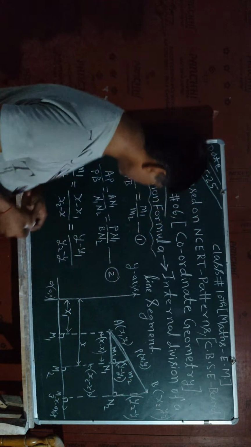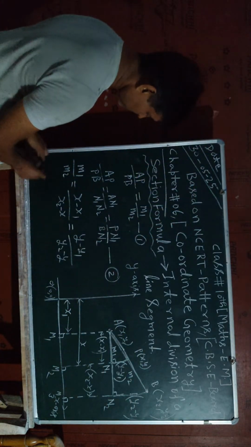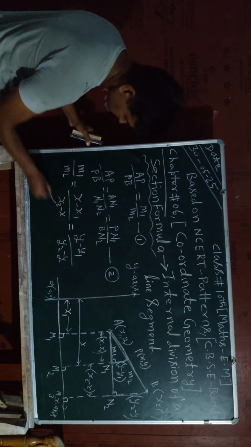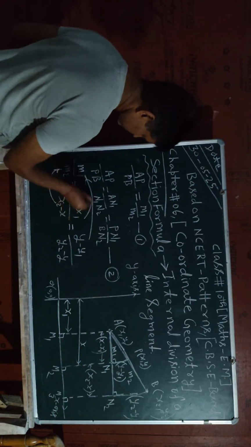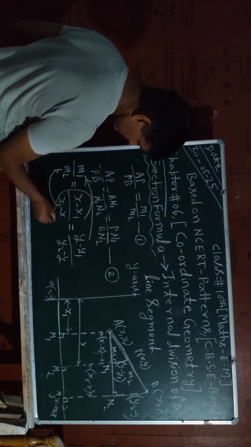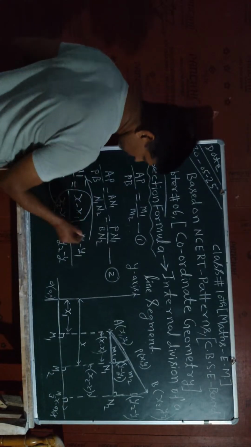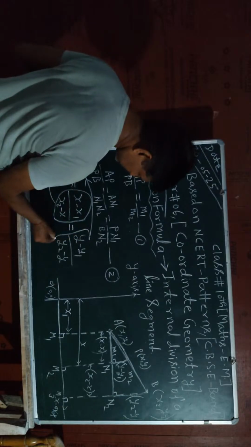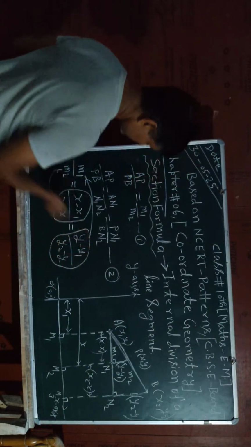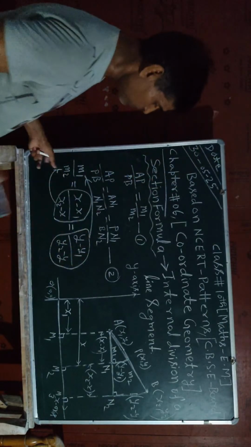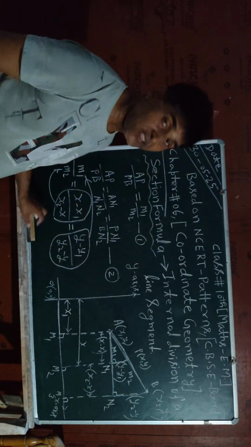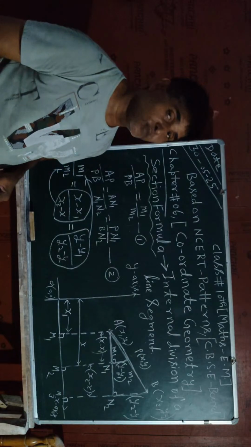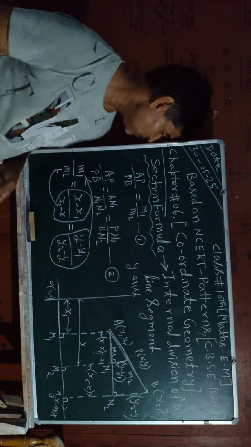I will simplify, taking one term for evaluating its value and the other term separately, and after simplifying I will get the values of x and y in terms of m1, m2, x1, y1, x2, y2.